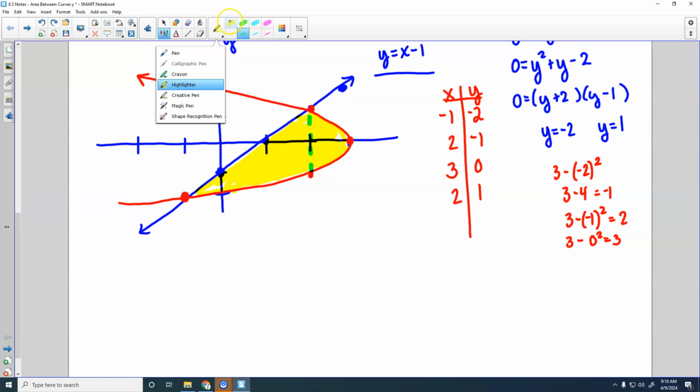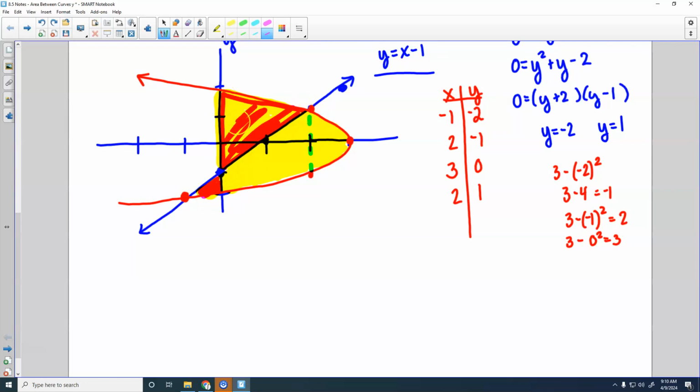So if you think about what we're doing here, when we find the area under the curve for the red one, we're finding this, plus, actually this is going to be a little tiny negative area right here. But then we are subtracting out this area here.